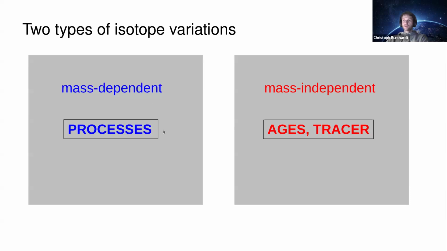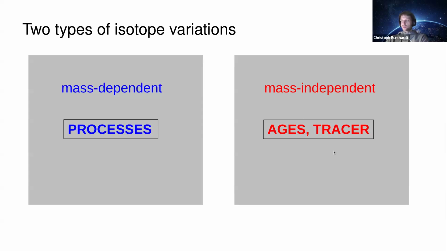With mass dependent variations, we look at processes. And with mass independent variations, they are obviously not a function of the mass, but depend on other core properties like radioactive decay. And we use this to get ages. Or if it's nucleosynthetic anomalies, then we can use them as tracers. And this is what we will mostly do today.